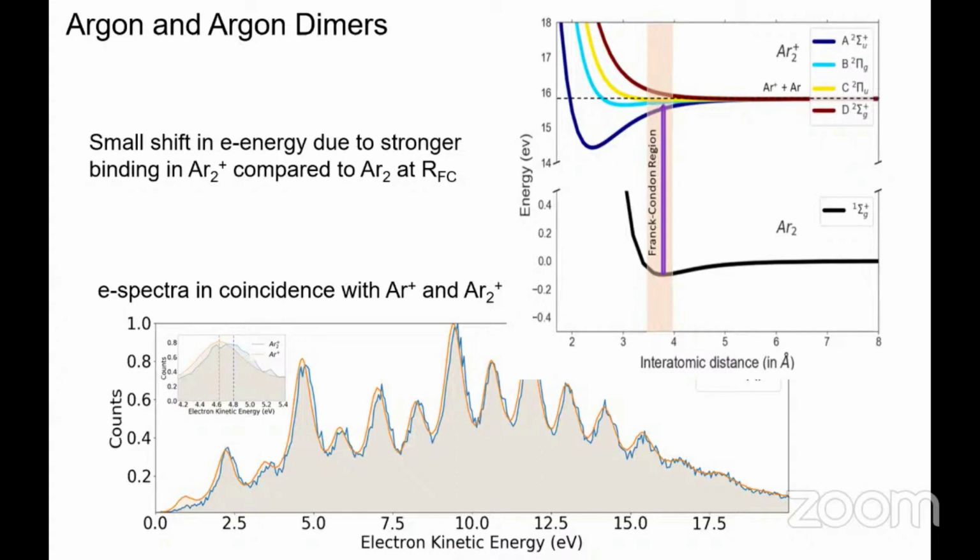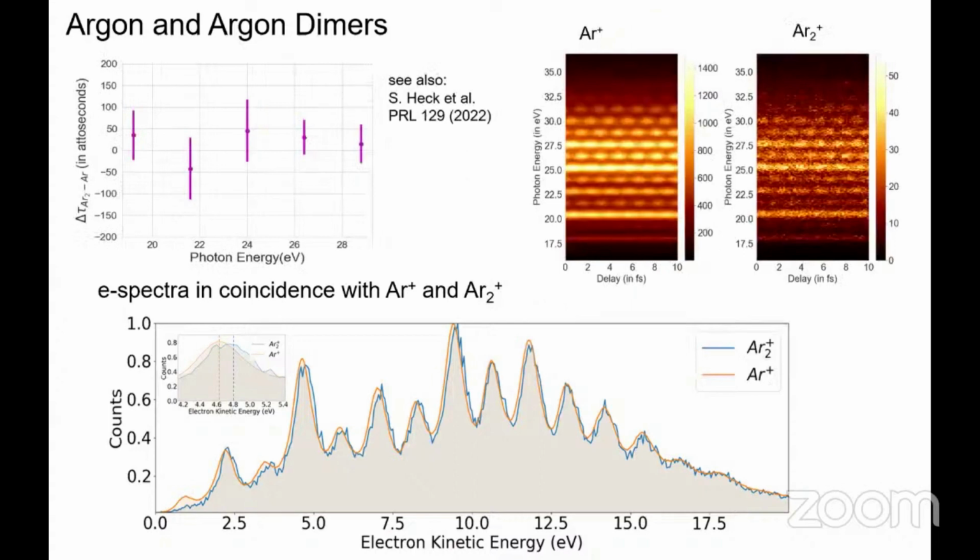So far, so good. And then you also can measure, for example, the sidebands here, and you see that they oscillate nicely, and you can extract phases. And then you can compare the phase that you measure for the monomer and for the dimer. And you get a curve here. It suffers a little bit from statistics, but there is another paper on krypton, and it's also discussed there.